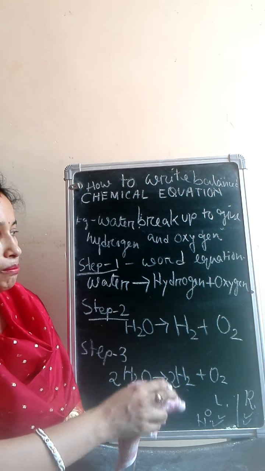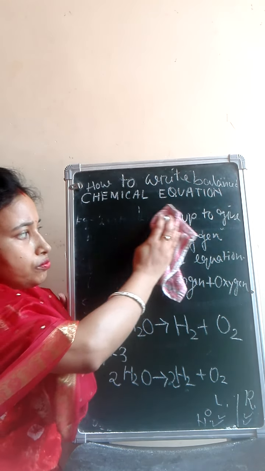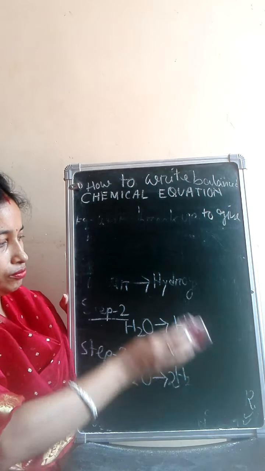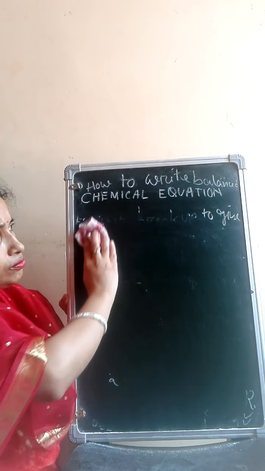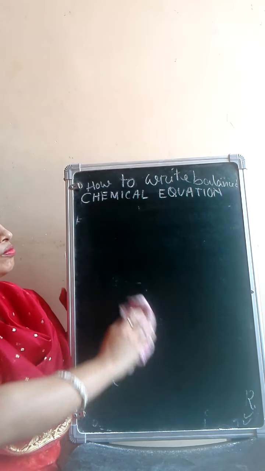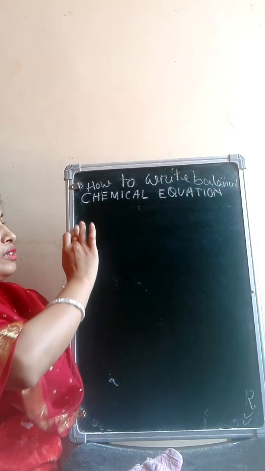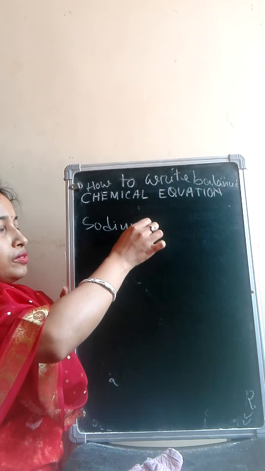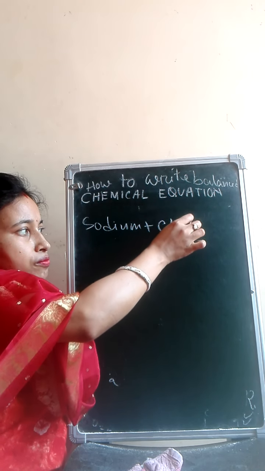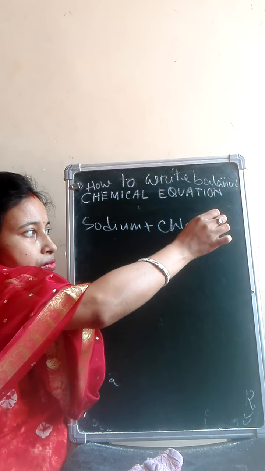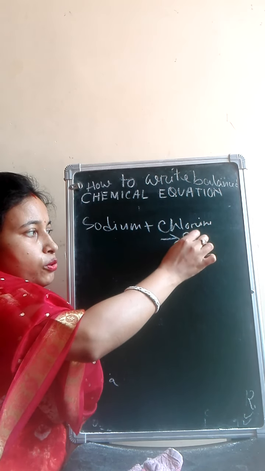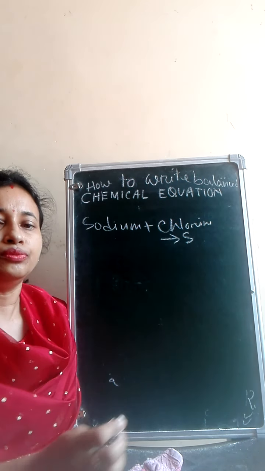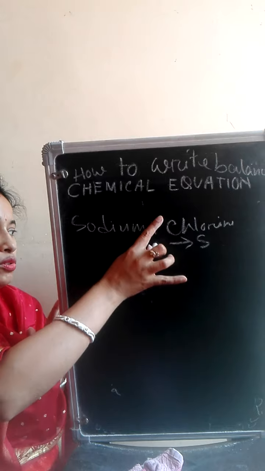Let us take the example of another chemical equation, that is sodium and chlorine gives you sodium chloride.